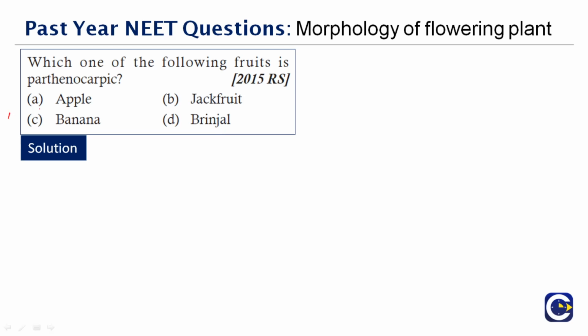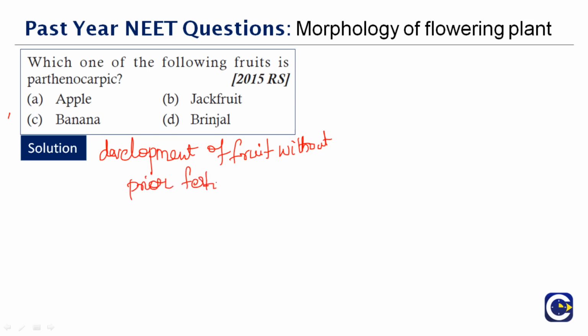So what is it? It is the development of fruit without prior fertilization.